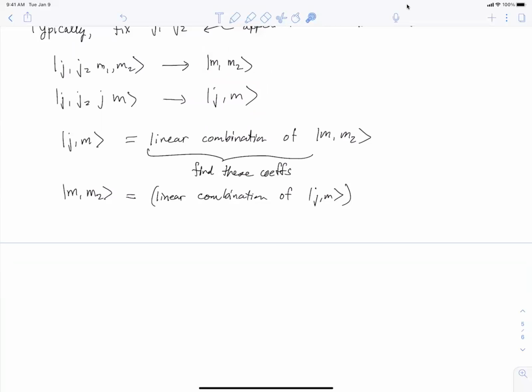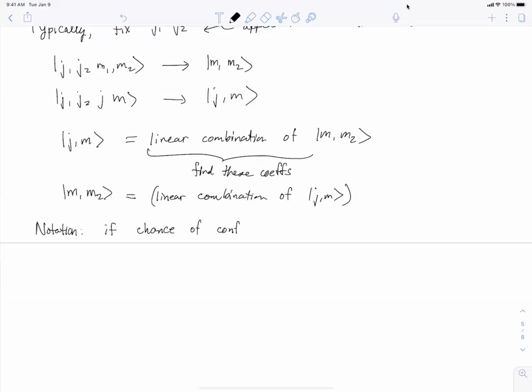And if I'm writing symbols like J and M, then it's clear that we're in the total angular momentum basis. But what if I'm writing down numbers rather than symbols? The way we'll get around that is if there's any chance of confusion, then I'm going to write a colon between the M1 and M2 for the product basis.